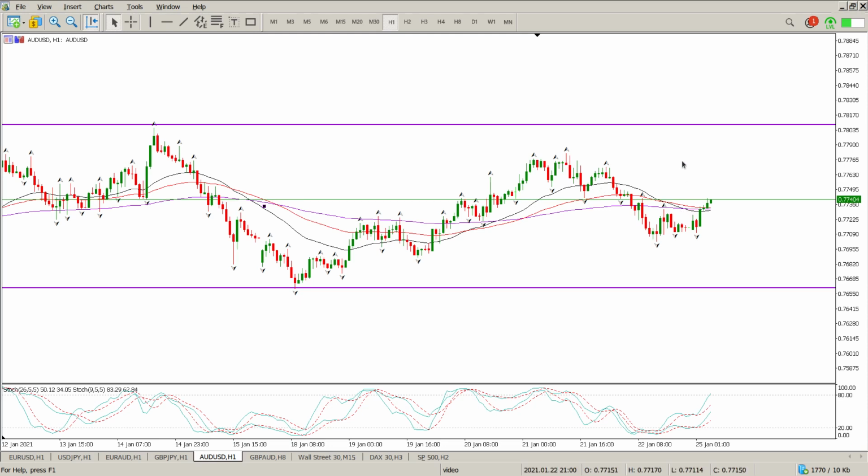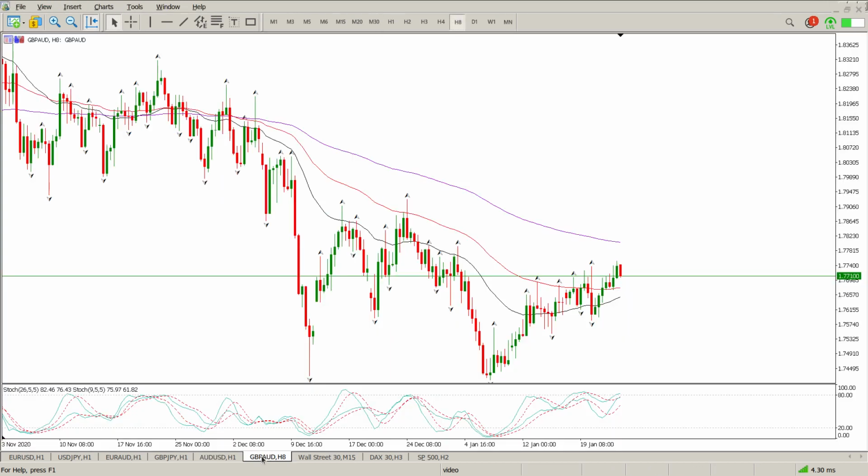But any pullback at the moment or any move to the upside seems to be sold into right now. So that is something that we are really paying attention to, watching the dollar very closely to see what's happening, watching political policies as well, because that's going to drive it. And then you've got the Feds on Wednesday. So I would expect sort of us going nowhere until Wednesday anyway.